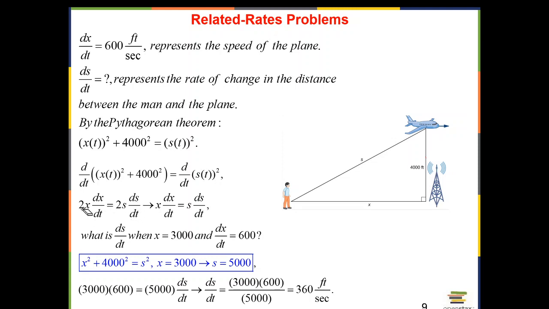Now, how many unknowns? 1, 2, 3, 4. How many of them are we given? 3 of them. We are given x, and we are given dx/dt, but we are not given s explicitly. But we are given the relationship between s and x, so we can find out what s is when x is 3,000. We substitute 3,000 for x and find that s is 5,000.